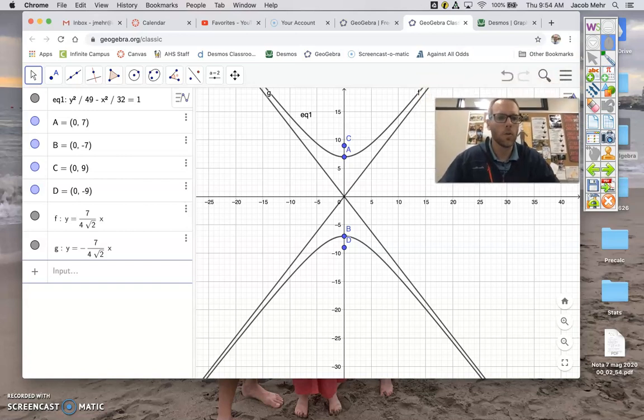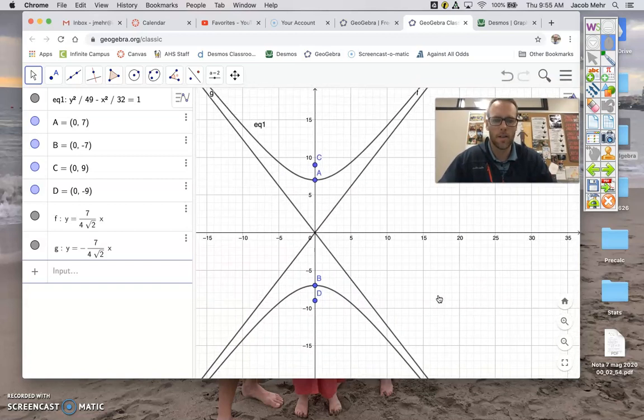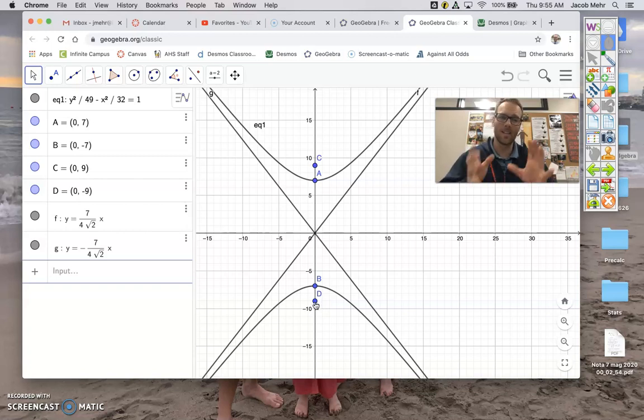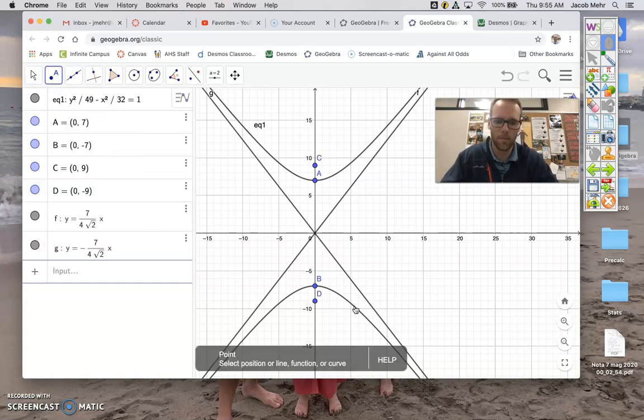Now, let's go to that distance thing. Do you remember that on the ellipse, if I sent a segment from one focus to a point on the ellipse to the other focus, that sum, when we add those two distances together, was always the same no matter where we were on the ellipse? Well, what I'll do right now is I'll put a point on the hyperbola.